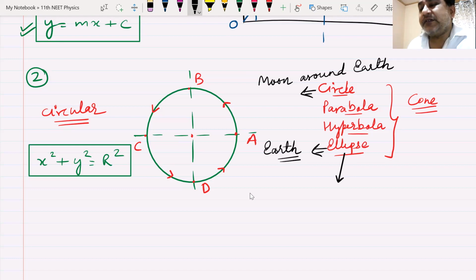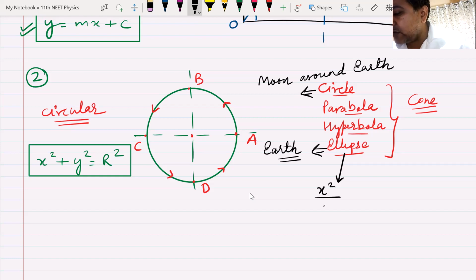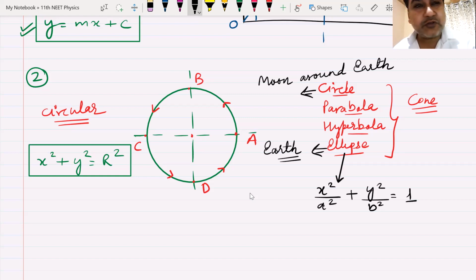Do you have any idea about the equation of an ellipse? The equation of an ellipse looks like this: x squared by a squared plus y squared by b squared is equal to 1. This is how it looks like.